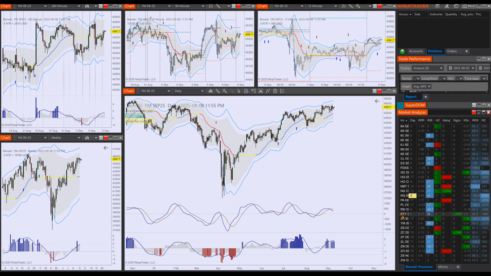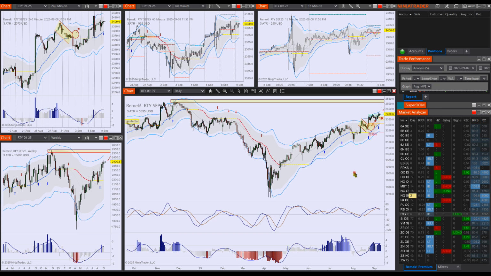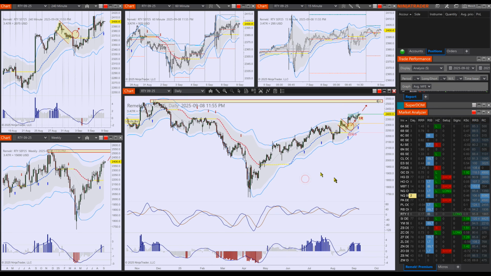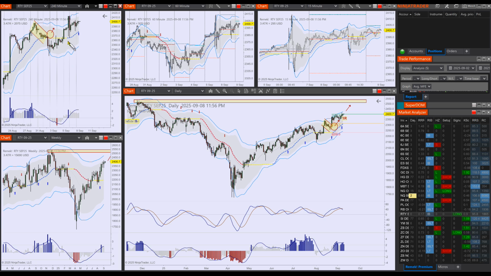Last but not least, RTY. On that one, we also have a little bit of distance, which is what we want to see. Look at this. This works like a magnet, 25 and change, and most likely we're going to hit this level. Probably a stop. Surprises are possible, of course, but a stop below this level should be enough to take this trade to the previous high.